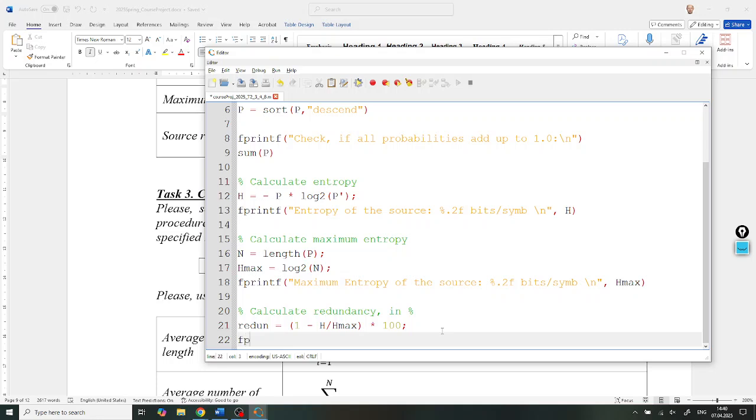So we add an fprintf statement, redundancy of the source. Well, one digit after the comma will be fine, I believe. But I'm not sure how to put the percentage sign. Maybe like so. Let's find out. Redundancy.